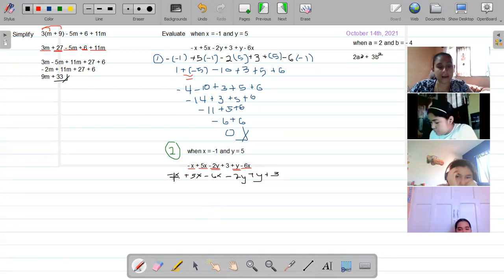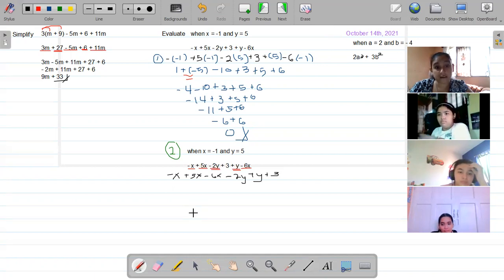And I'm going to simplify that. -x plus 5x. Come on, how much is that? 4x. 4x positive, right? Minus 6x.